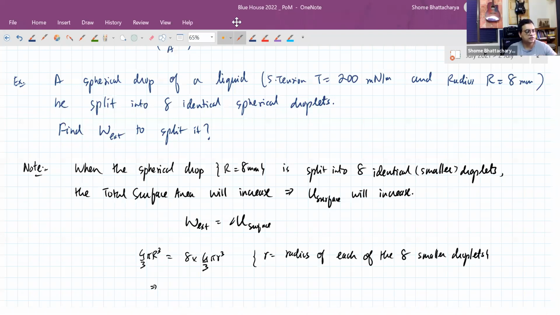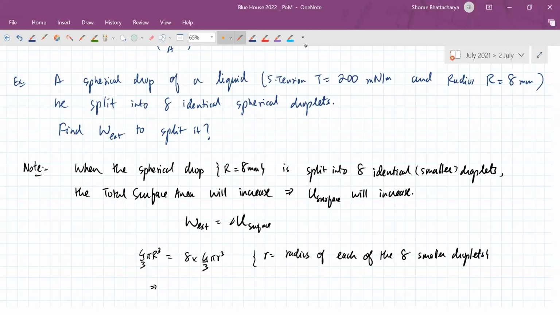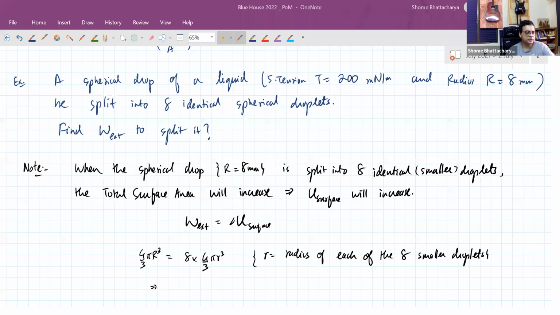See, that's what we had learned last time, that any volume of liquid has minimum surface area when it is arranged into a single sphere. So when we are breaking it into n number of smaller spheres, its surface area has to increase, and that's what we'll prove over here. The total volume of liquid remains conserved.